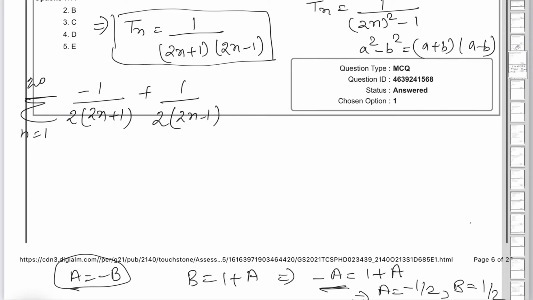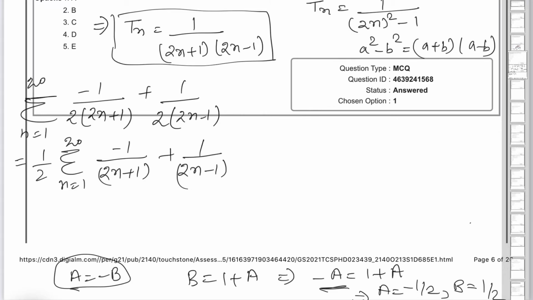Okay, and I can take this 1 upon 2 common outside, so it is the sum from 1 to 20 of minus 1 upon (2n plus 1) plus 1 upon (2n minus 1), right?